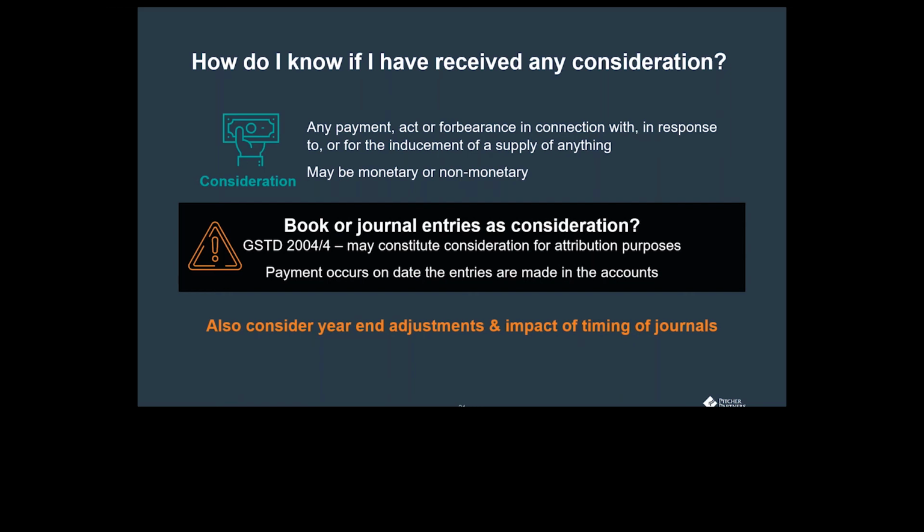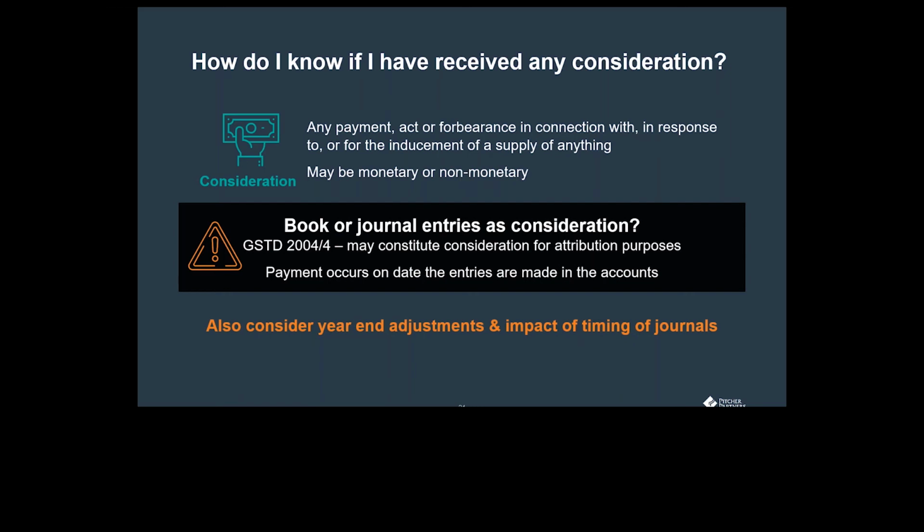Members of a GST group must account for their supplies separately, including their supplies to other members of the GST group. So for those related entities, often consideration can be in the form of book or journal entries that are made between the entities. So there may be no invoice that changes hands, there may be no cash that changes hands, but there may be a journal entry that has been made between those two entities.